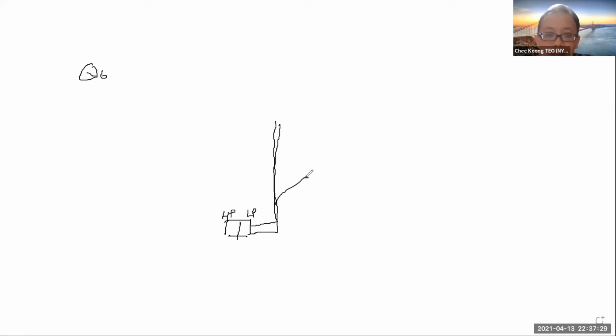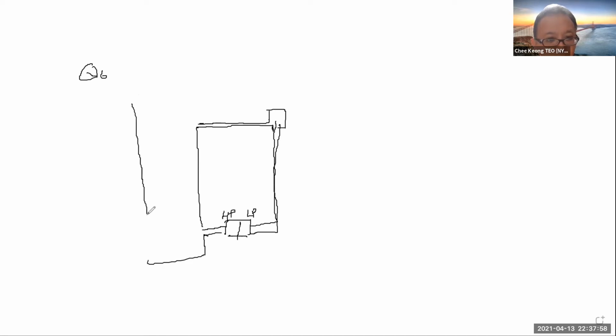We call it the wet leg. Okay, and of course, sorry, I accidentally drew this. Right, and then of course it has some housing here, whereby it goes into the tank. Right, so the tank is basically also here, touching the high pressure leg, and this is your tank all the way to the top.